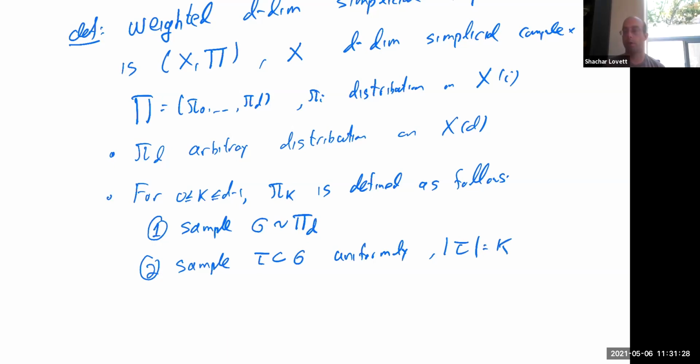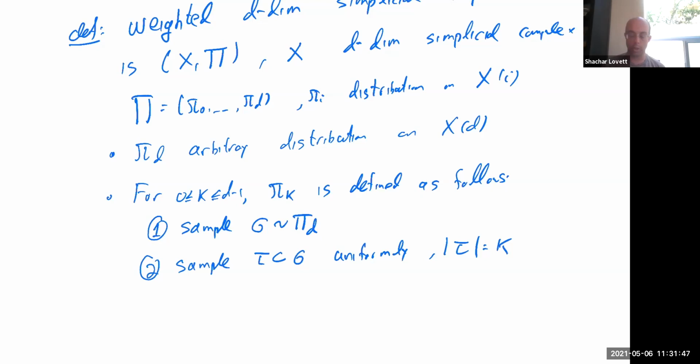That's going to be the process. So if I want to sample a k-dimensional face, I first sample a d-dimensional face from my distribution pi_d, which could be arbitrary. And then this defines my distribution on the k-th level by choosing a random subset of size k.